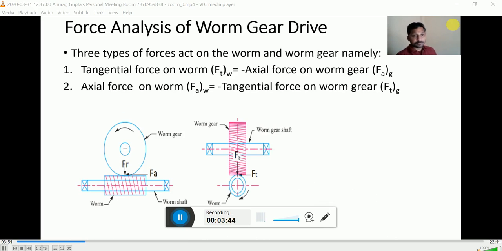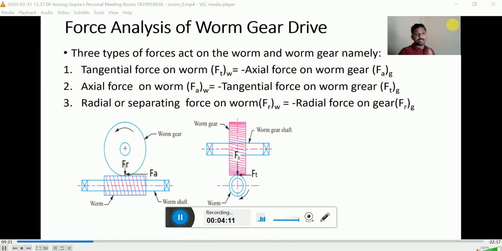Now the axial force on the worm, this Fa is along the axis of the worm, but this same force is tangential to the worm gear. So the axial force on the worm will equal the tangential force on the worm gear, but it will be in the opposite direction.